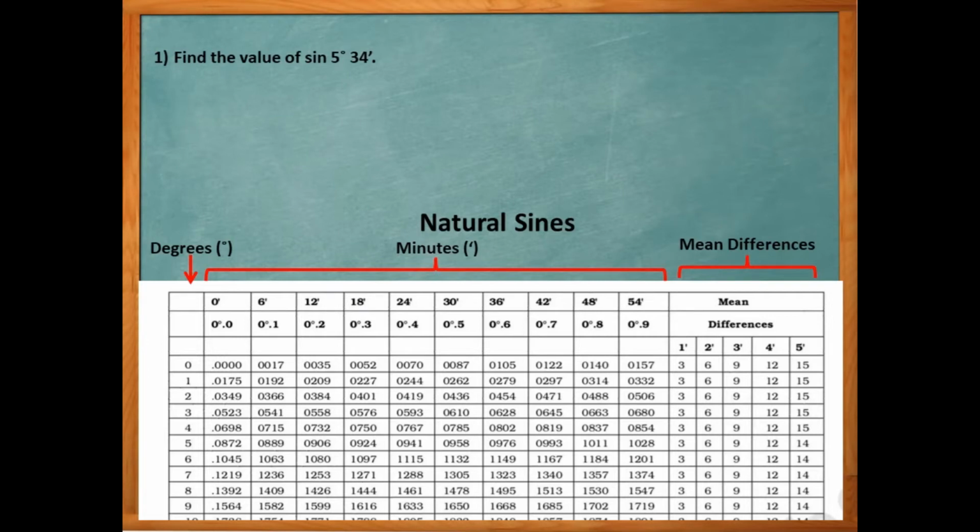Find the value of sine 5 degrees and 34 minutes. First, we need to go to the degree column and look for 5 degrees. So this is the row of 5 degrees. Now we will look for the value of 34 minutes along the row of 5 degrees.